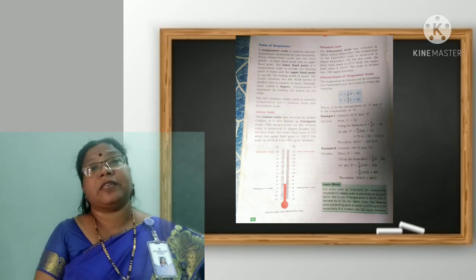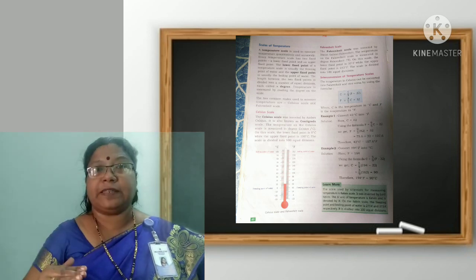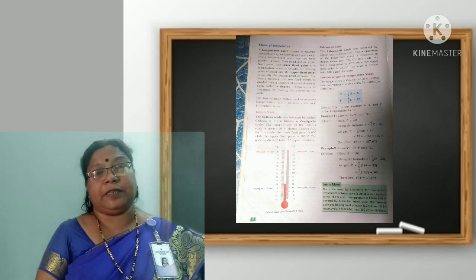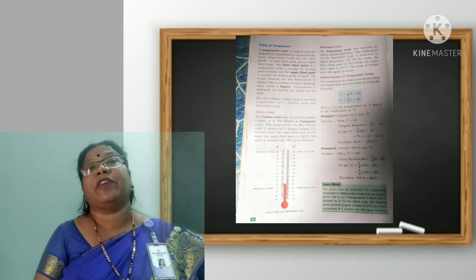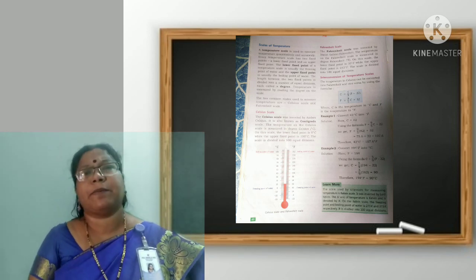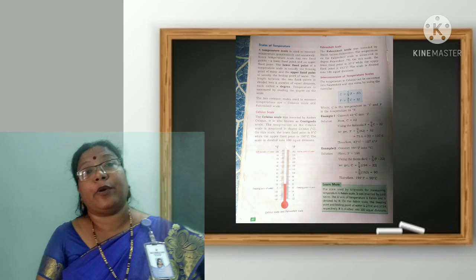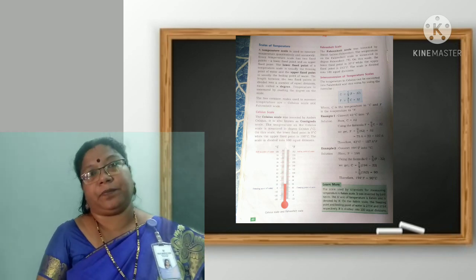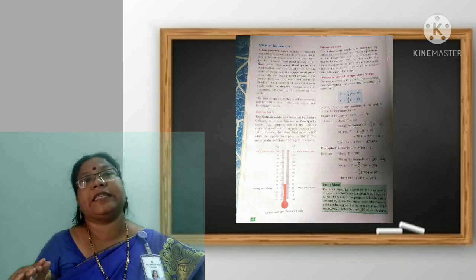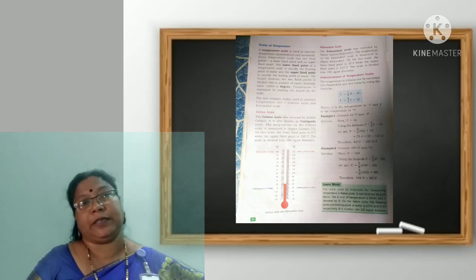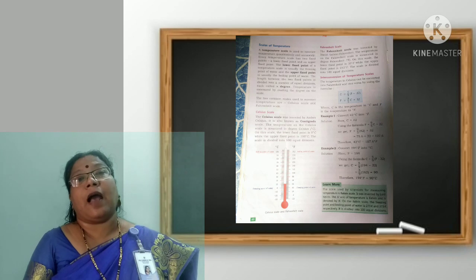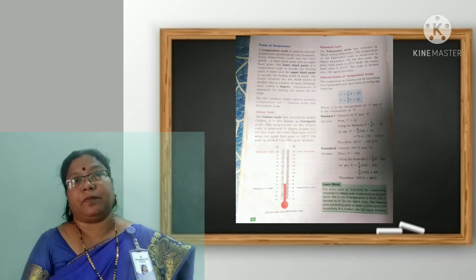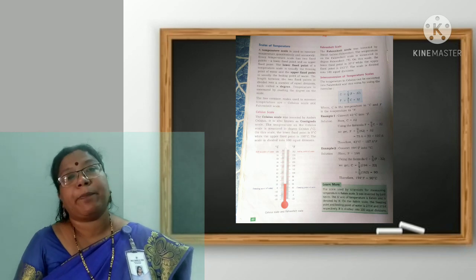Usually a temperature scale has a lower fixed point and an upper fixed point. The lower fixed point is usually taken as the freezing point of water. What is the freezing point of water? It is 0 degree Celsius. The upper fixed point is usually the boiling point of water.